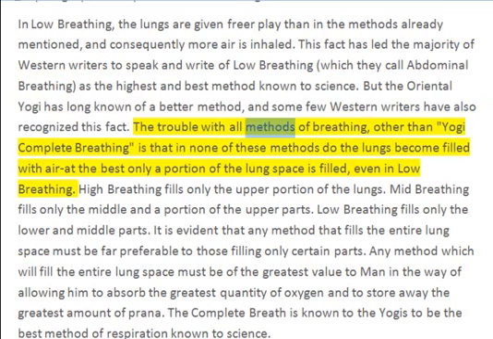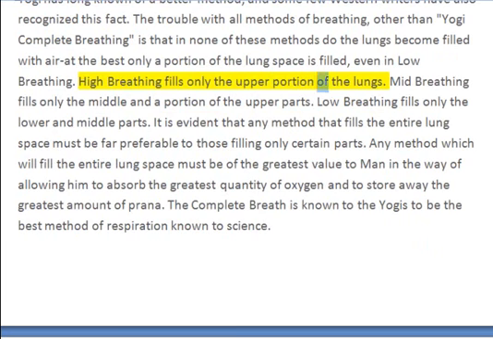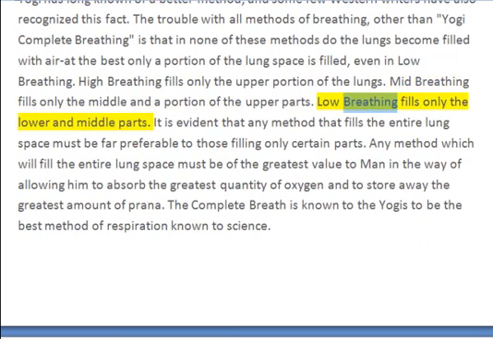The trouble with all methods of breathing, other than yogi complete breathing, is that in none of these methods do the lungs become filled with air. At the best, only a portion of the lung space is filled, even in low breathing. High breathing fills only the upper portion of the lungs. Mid breathing fills only the middle and a portion of the upper parts. Low breathing fills only the lower and middle parts.